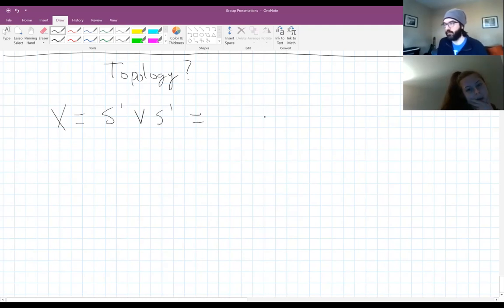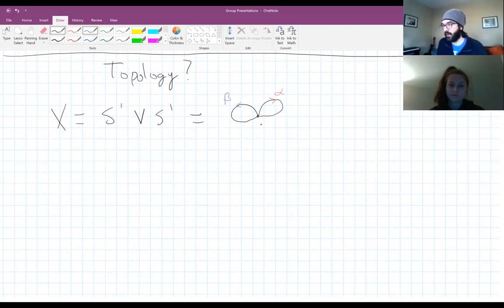If you remember what that is, you take one circle and another circle and stick them together at a common base point. We've talked about loops, right? So I can take a loop alpha going that way and a loop beta. This is my common base point, x0.